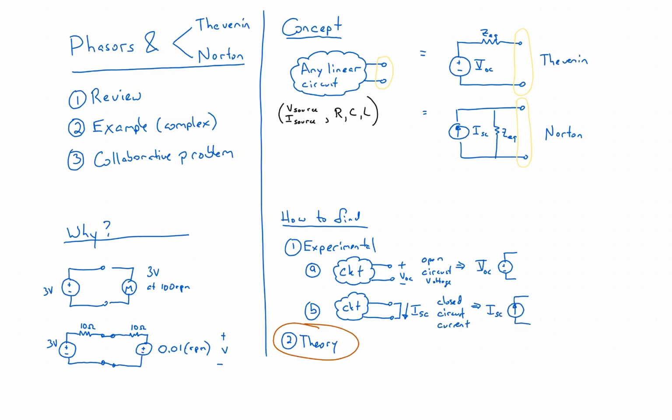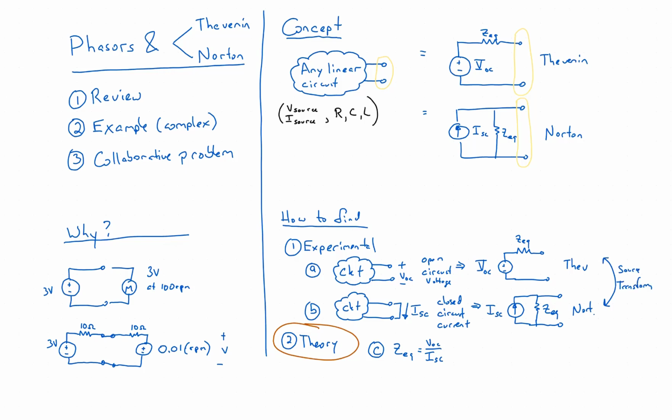Now you only need to do one other thing, which is use Ohm's law to divide VOC by I short circuit. That will give you ZEQ. And it's that same ZEQ that you would put in series for the Thevenin equivalent or in parallel for the Norton equivalent. If you find one, you can find the other just by doing a source transform.